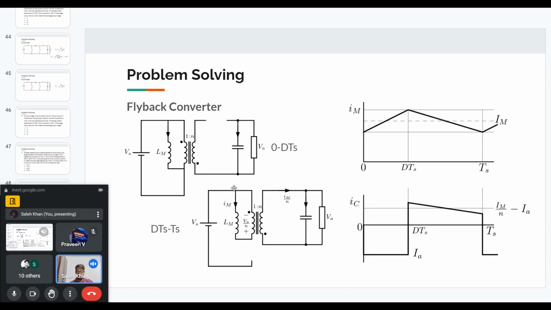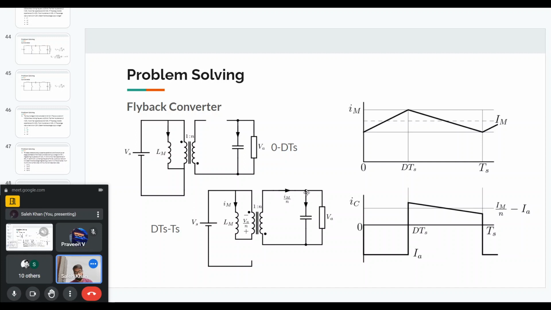In the next interval, the main switch will be off and the diode will be on, because the magnetizing current has to continue to flow. It will flow like this, and the diode will get forward biased. So when the diode is forward biased, based on the turns ratio, if Im flows through the magnetizing inductor, the current through the diode will be Im divided by N, where 1:N is the turns ratio.